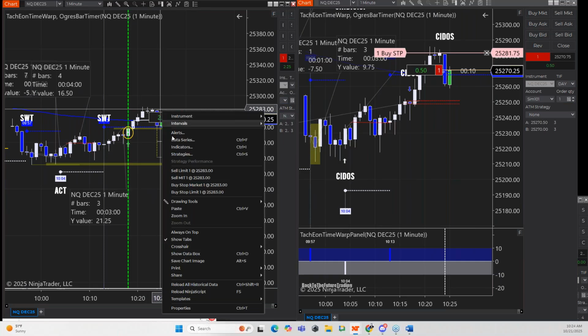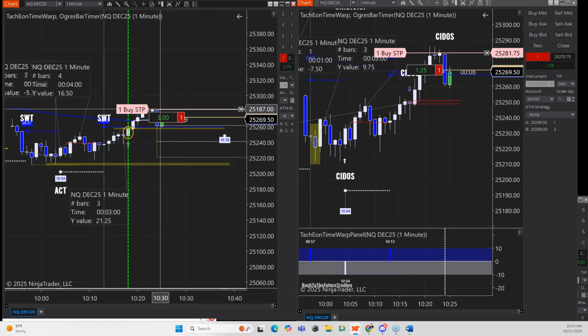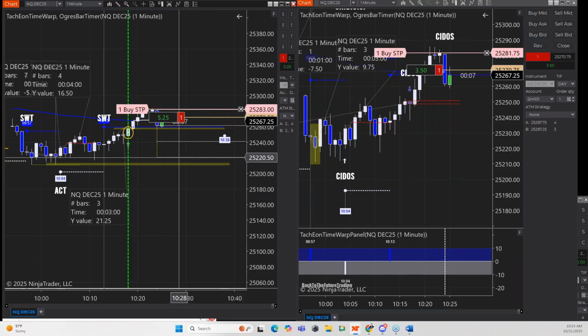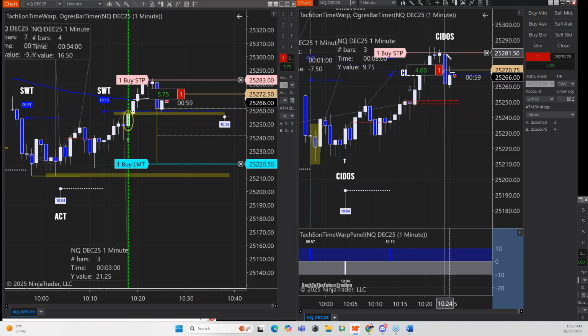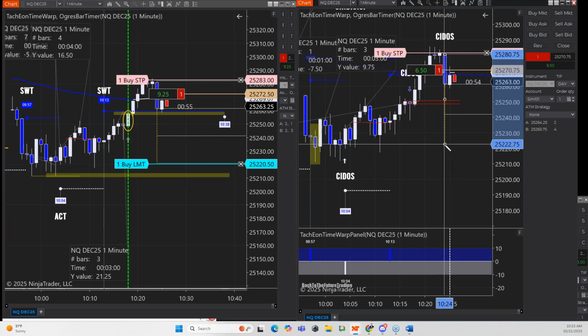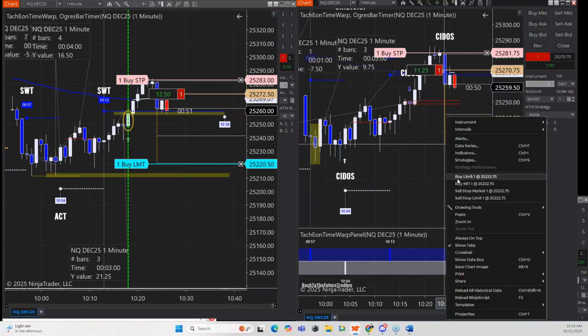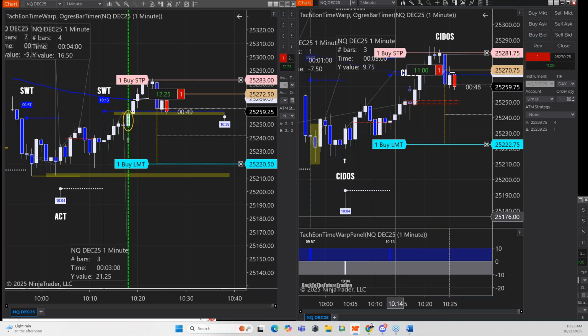Our stop is in the same spot. Our target is 2-to-1 down below. Right here with the CDOS, it is also a close in the direction of the signal. We're looking for a 2-to-1 RR on it as well.